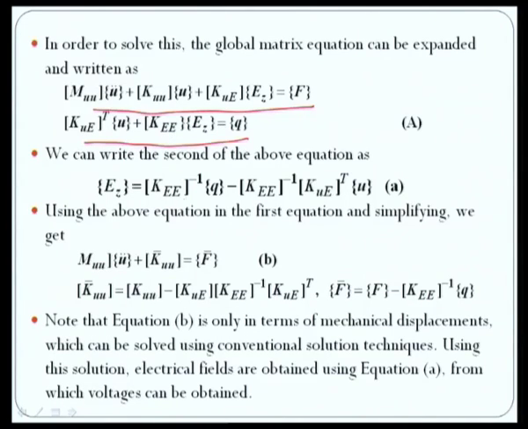So, we can take KEE inverse into Q minus KEE inverse into KUE transpose into U. So, we substitute back here and we totally eliminate the electrical degrees of freedom and entirely leave it as the mechanical degrees of freedom. So, the above equation is only in terms of mechanical displacement, which can be solved using the conventional solution techniques. So, using this solution we can obtain the electrical field once we know the mechanical displacement through this equation.